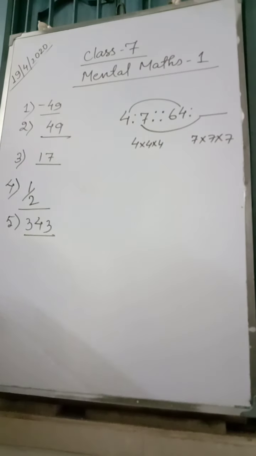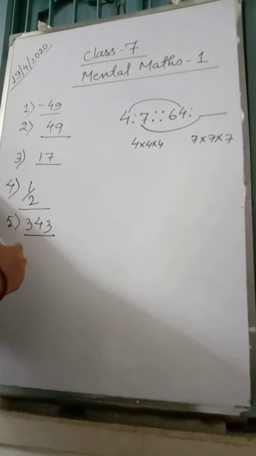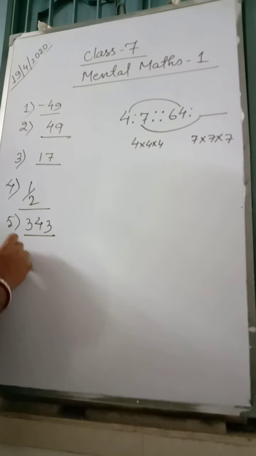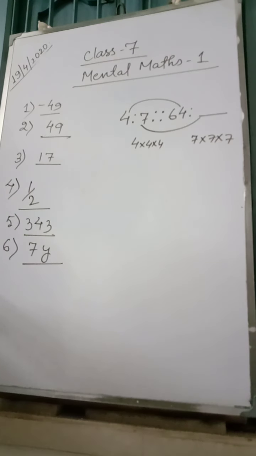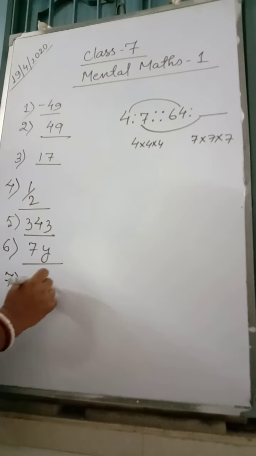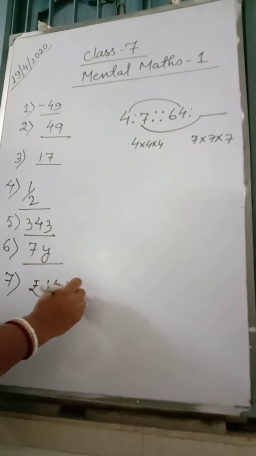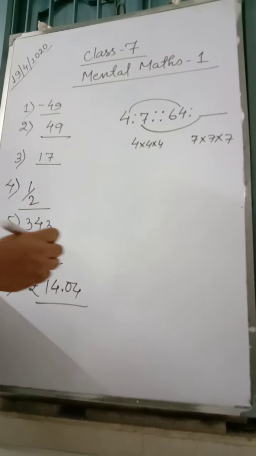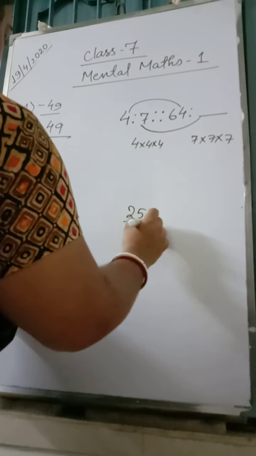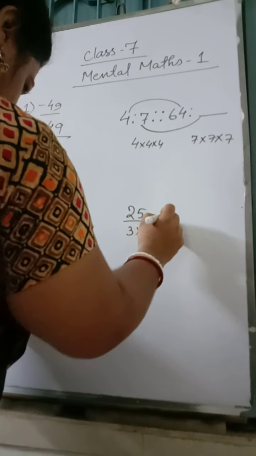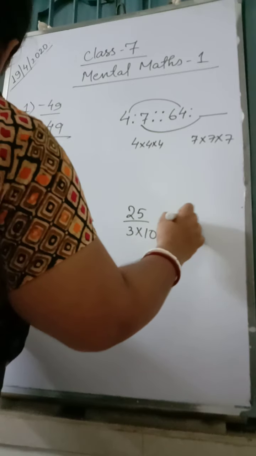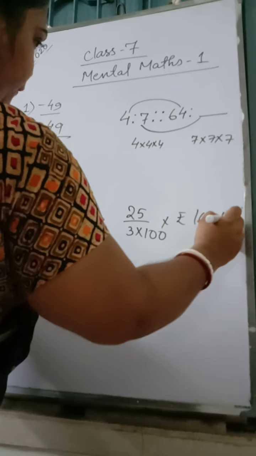This is question number 5. The coefficient of x in 7xy is 7y. You have learned that leaving that particular term, the other terms are the coefficient. 8 whole 1 by 3 percent of rupees 168.48 is rupees 14.04. How? You just see 25 by 3 into 100 into rupees 168.48.